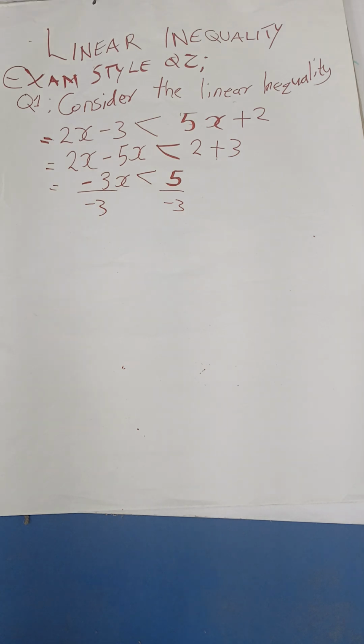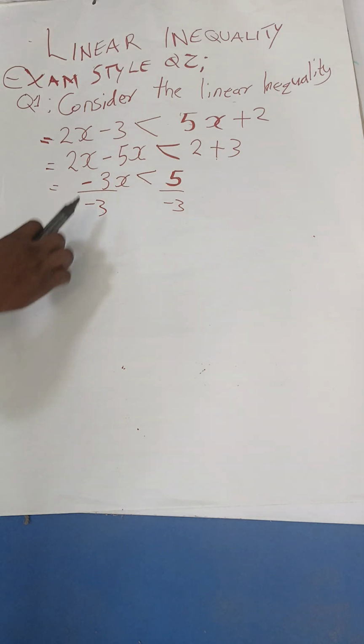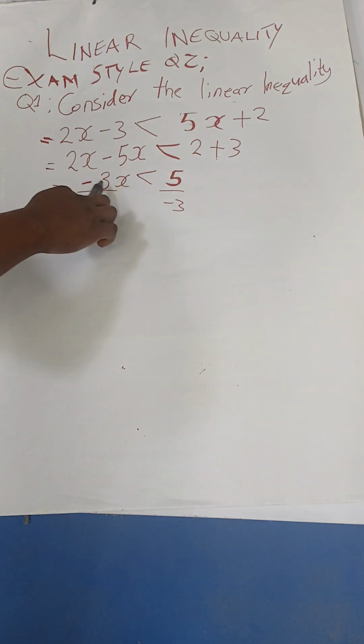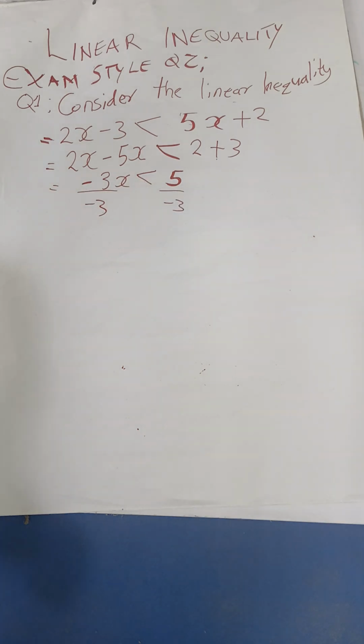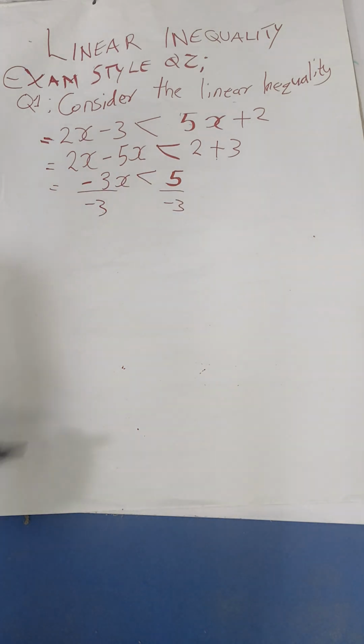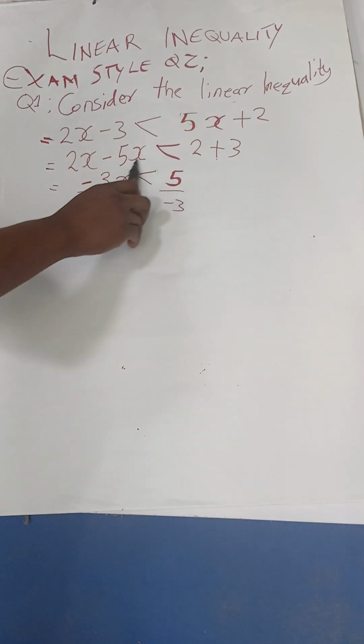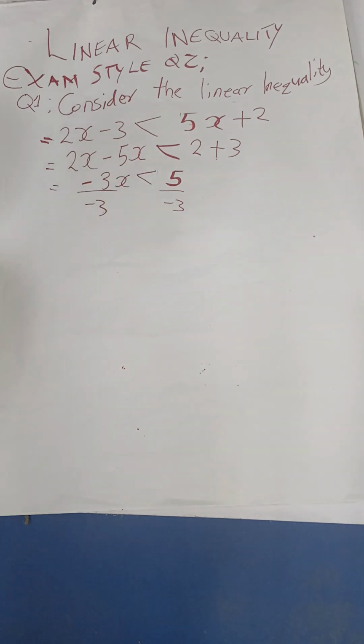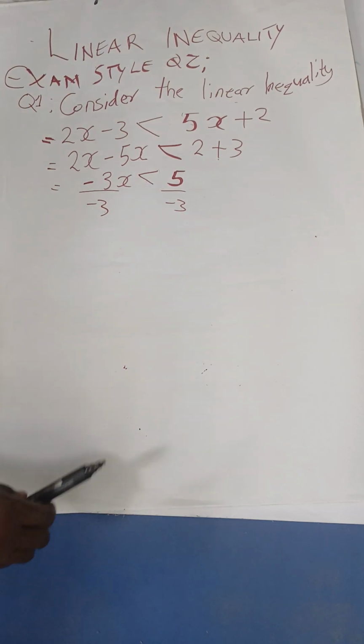When you divide both sides by a negative, there's something that will happen: this inequality sign will change. I chose this question intentionally, so that I can explain this to students, so that you cannot go ahead and fail in an exam.